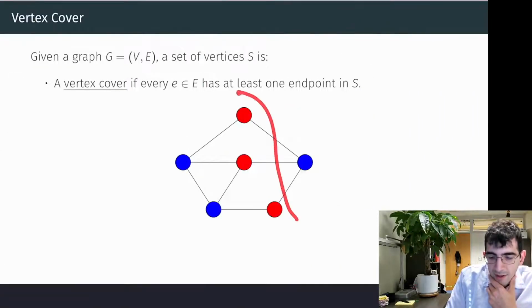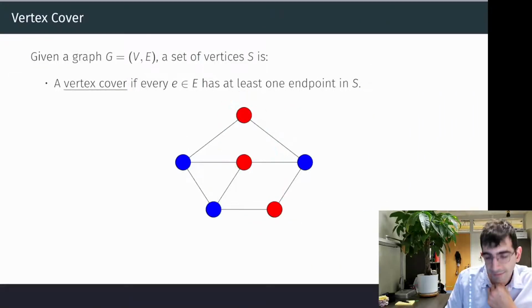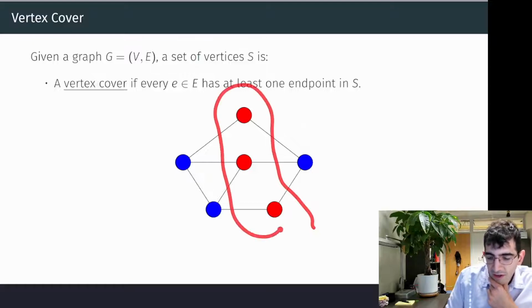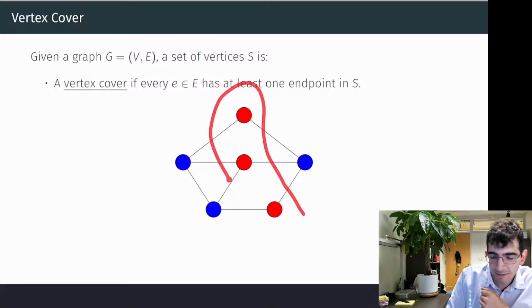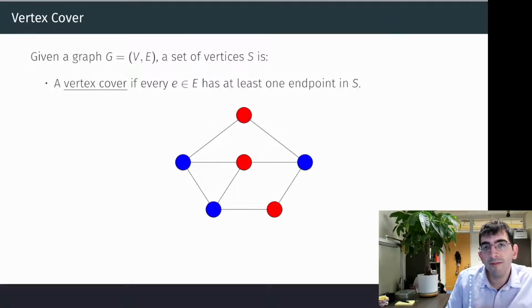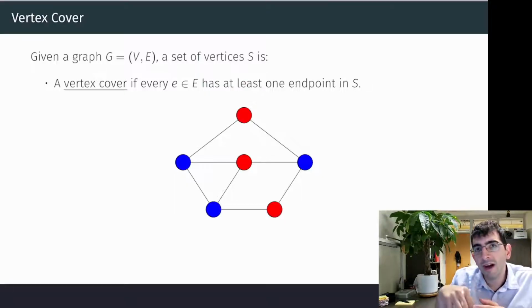Do you remember what the independent set for this graph was? So this gives us a pretty strong hint about how vertex cover and independent set are related, right? Namely, if you have an independent set with k vertices, then all the vertices that are not in the independent set would probably form a vertex cover, right? That's important. I feel like that's important.